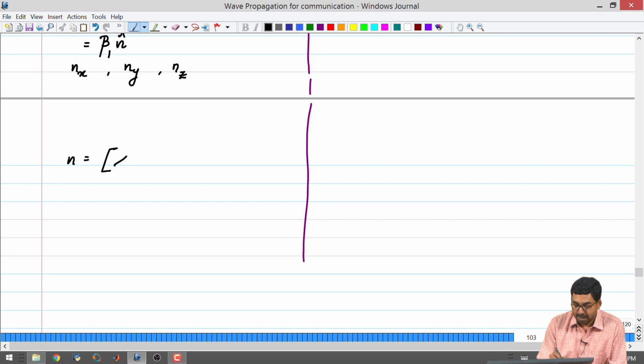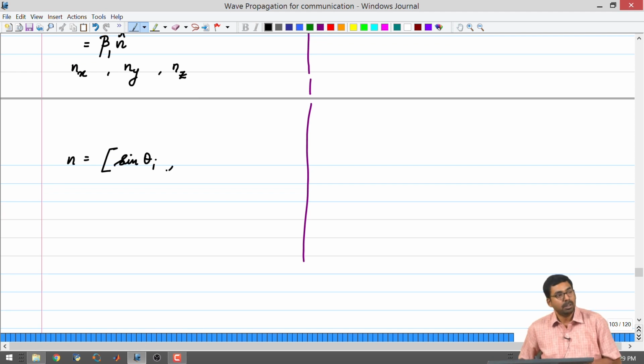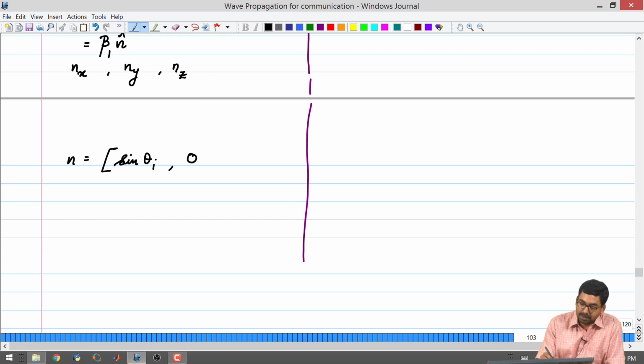I am having sine theta I to be the x component. ny, there is no component in that direction, so I can just mark it as 0. And the z component, if you look at the triangle, it is along the horizontal direction. So, it is cos theta I.